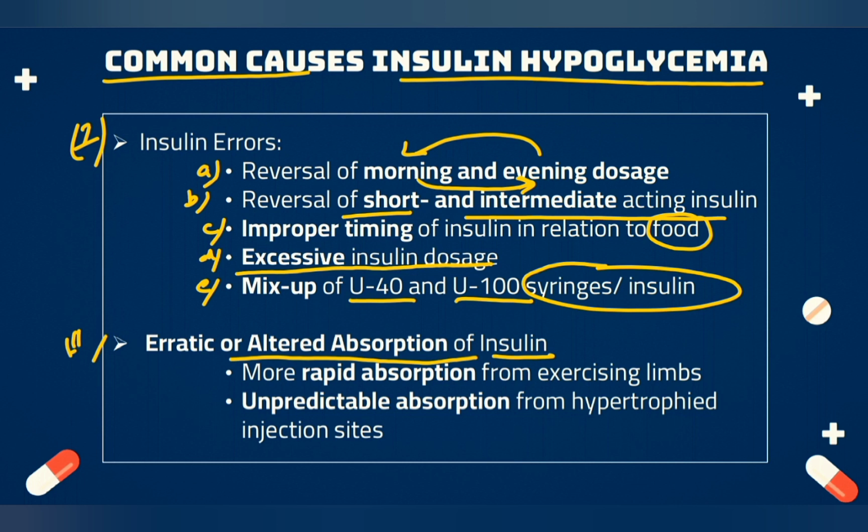If we give the injection of insulin into exercising limbs, there will definitely be rapid absorption of insulin, and this will lead to hypoglycemia. And there is unpredictable absorption of insulin when we give the injection at a hypertrophied injection site.